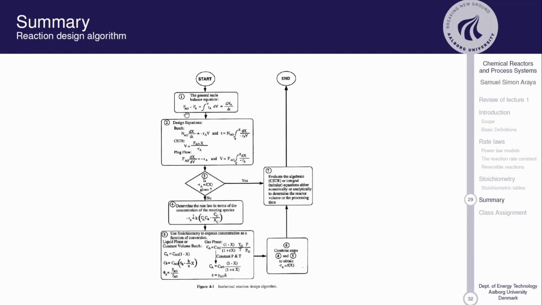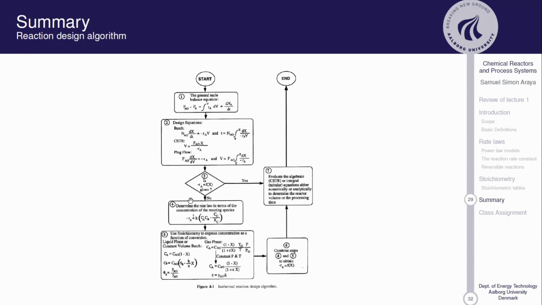We make the design equation by making this mole balance specific to our reactor of interest. And if we are given the rate of reaction as a function of conversion from the lab or somewhere, then we can just use the Levenspiel plot or just calculate our design parameter, whether it's volume or time, and we have finished the design of our reactor.